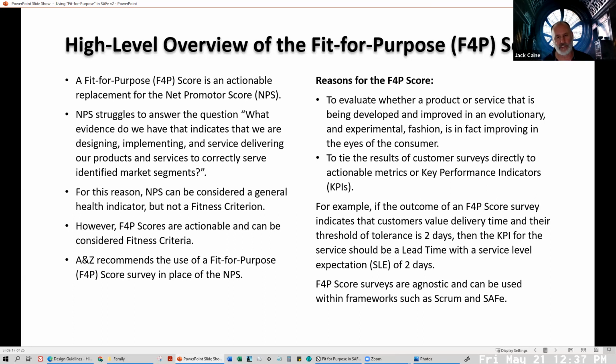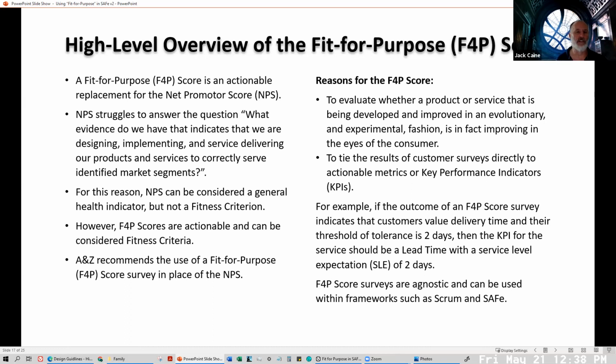So we have to decide if we have a low NPS score in those, and have bad profit in this area, whether or not we should leave that market segment, or is there a way that we can convert them to happier customers? Okay. So NPS by itself is not really actionable.